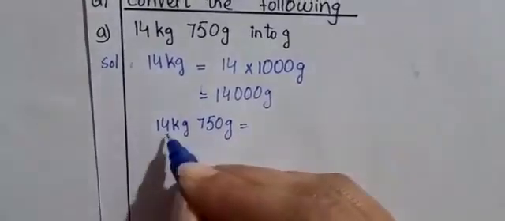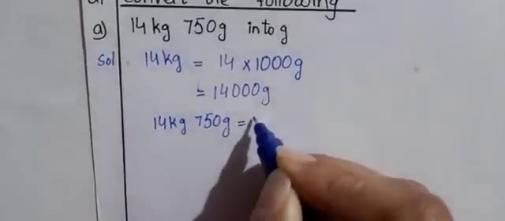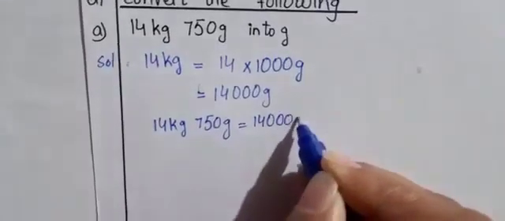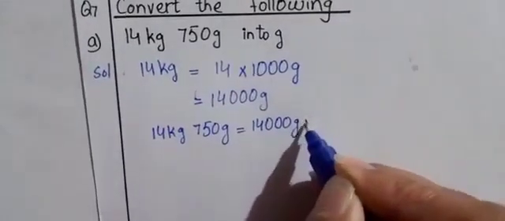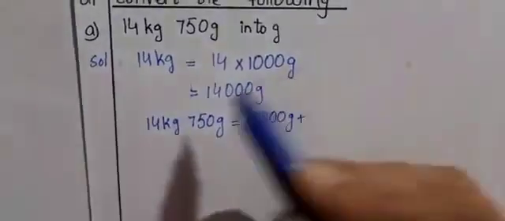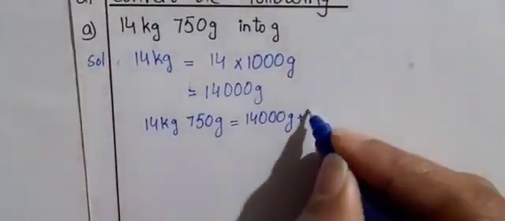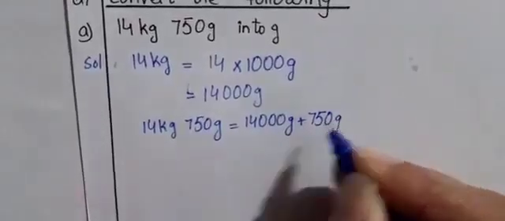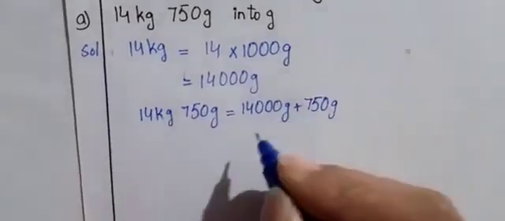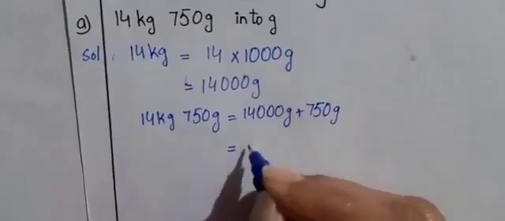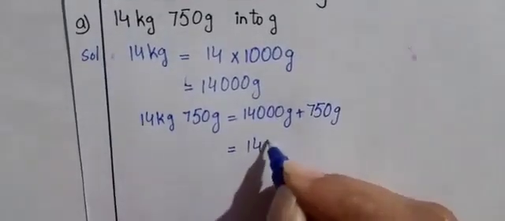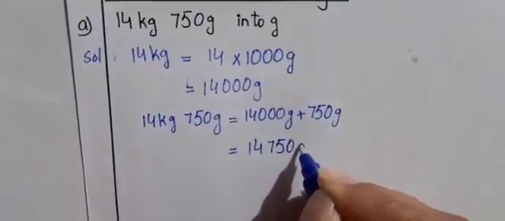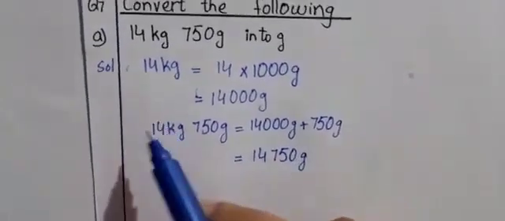It will be, in place of 14 kg, I will write 14,000 grams plus, okay, then I will write this 750 grams. When I will add 14,000 and 750, it will become 14,750 grams.